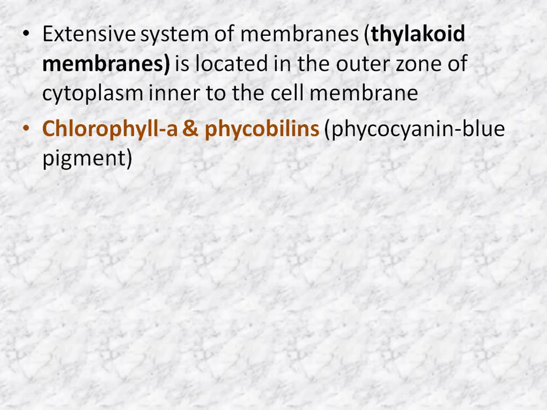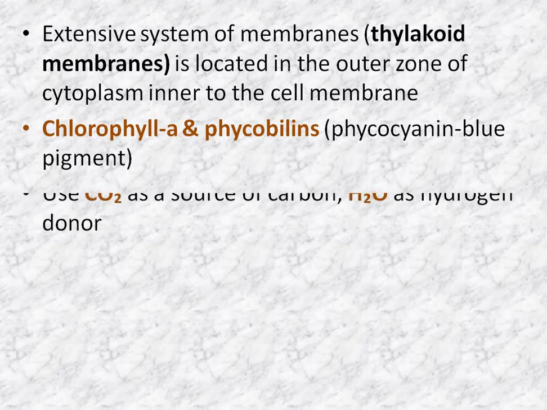And they are of different types. Chlorophyll A is present in almost all the green photosynthetic plants, so it is also present in cyanobacteria. And along with chlorophyll A, which is a green pigment, they have another pigment which is phycobilin, and that is a type of phycocyanin, or a blue pigment.